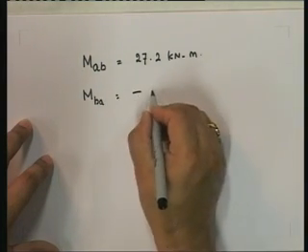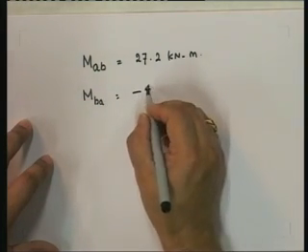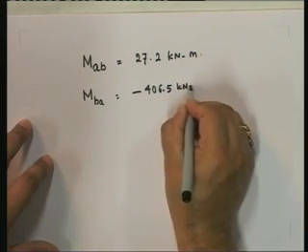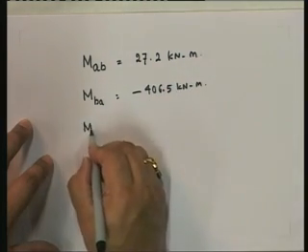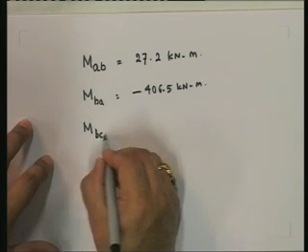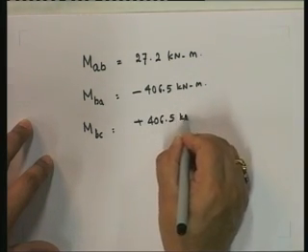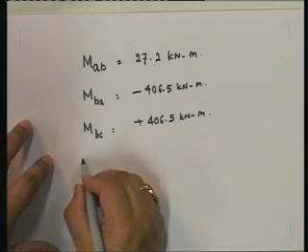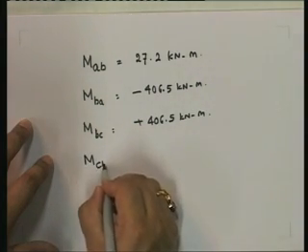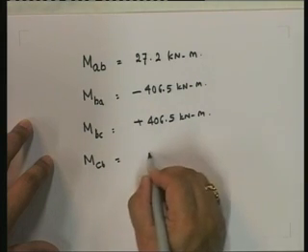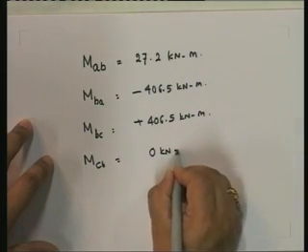MBA is equal to minus 406 kilonewton meter. MBC is equal to plus 406 kilonewton meter, and MCB is going to be equal to 0.